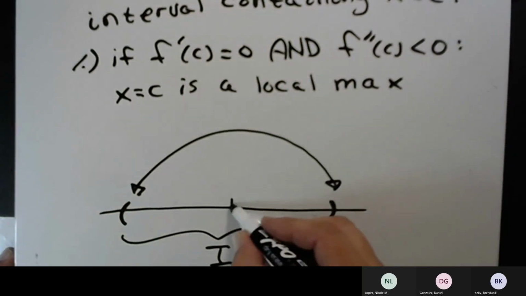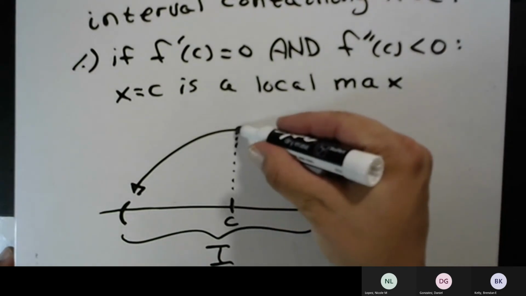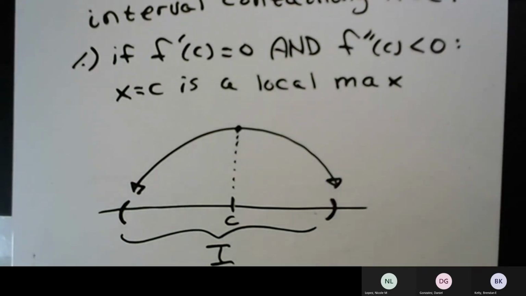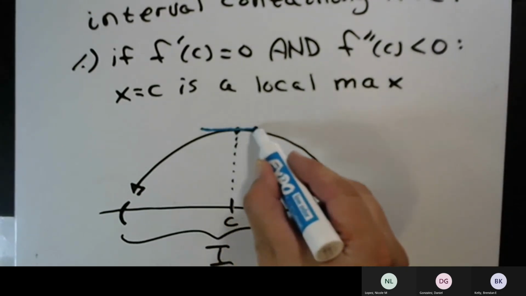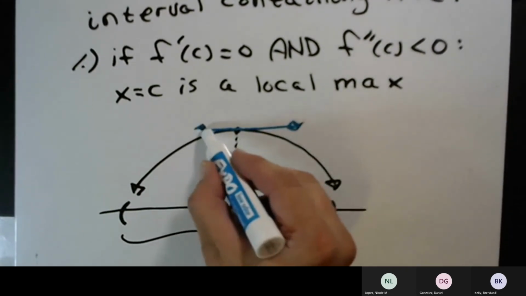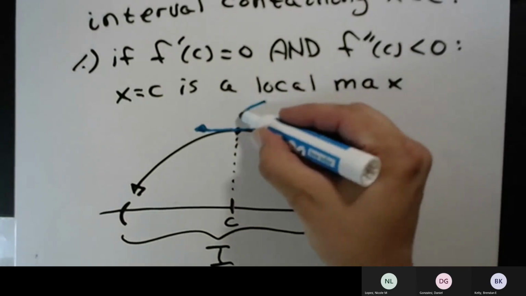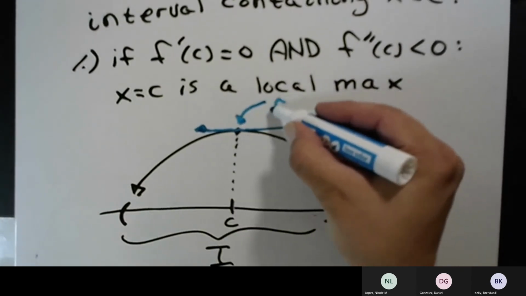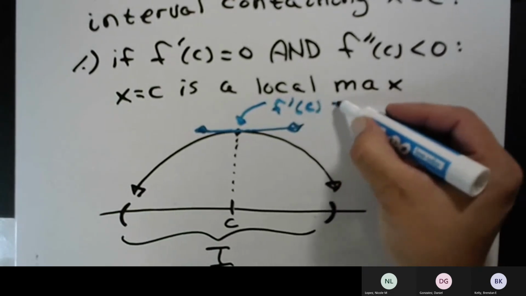And here's c. So sure enough, horizontal tangent line, f prime of c equals 0.